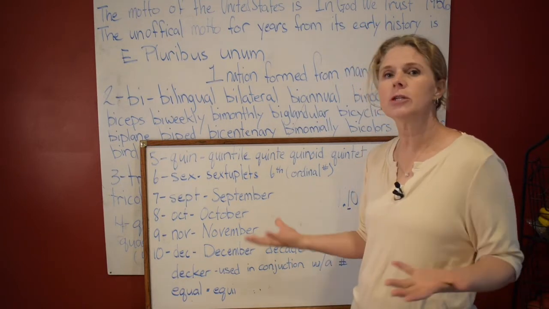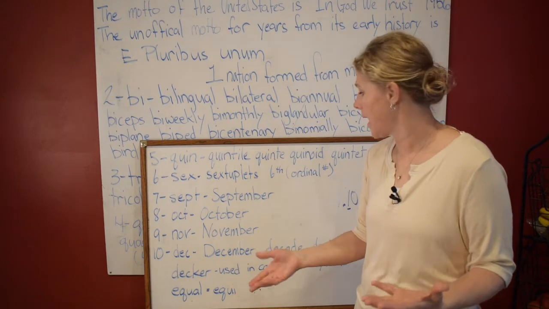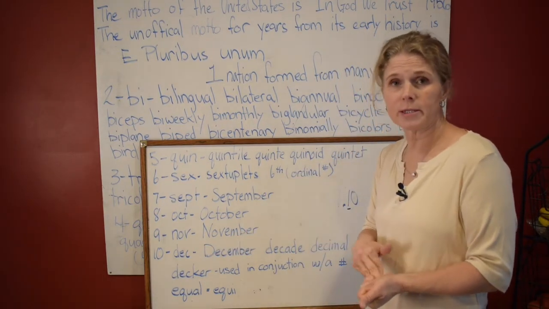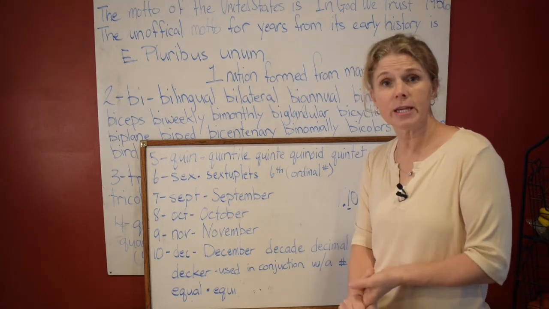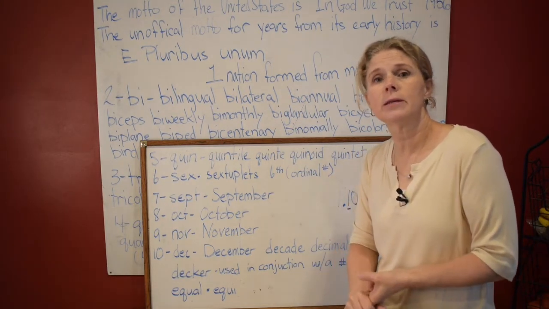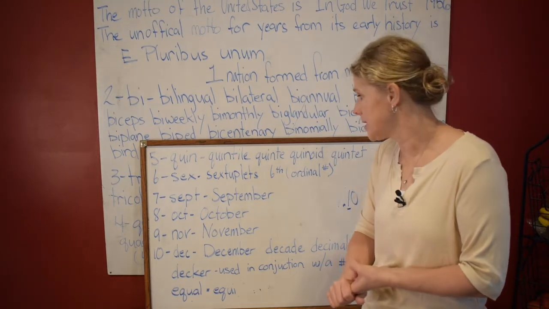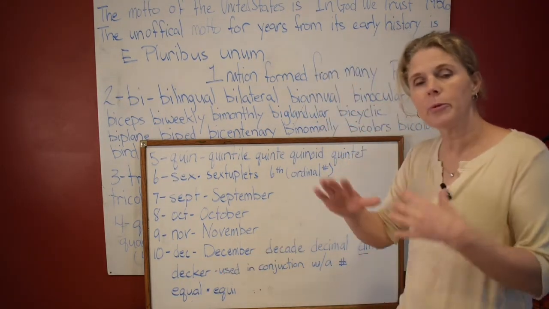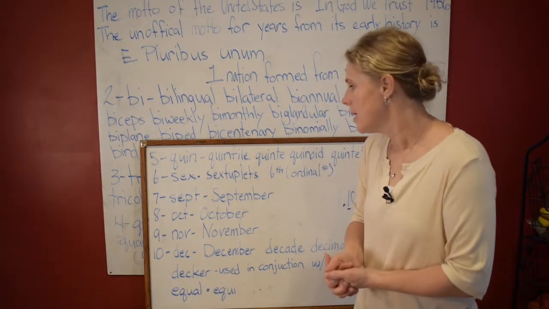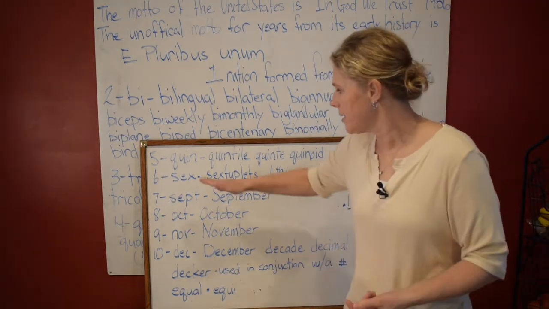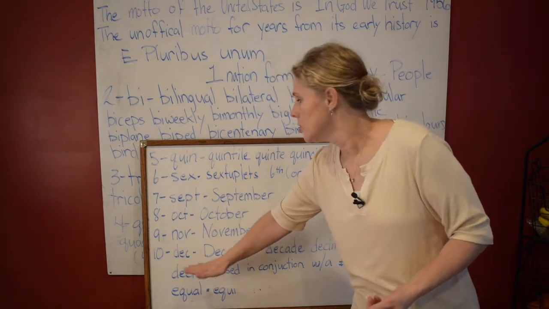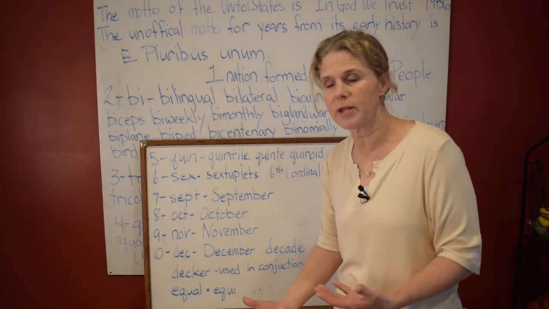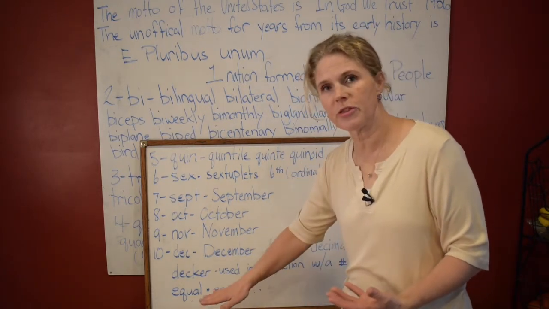And years ago, the Roman calendar had 10 months. And Julius Caesar wanted to be put into the calendar. So he is July and Augustus is August. And instead of putting them at the end of the year, they put themselves right in the middle of the year. And so everything was shifted down. So September became the 9th month. They didn't change the wording of the calendar. They just pushed everything down.